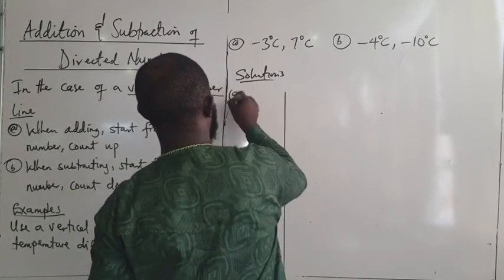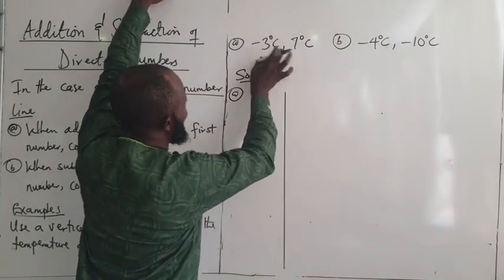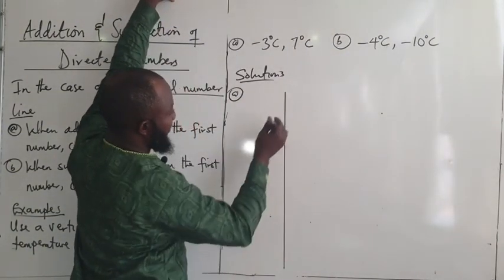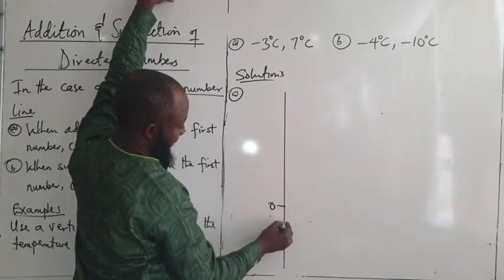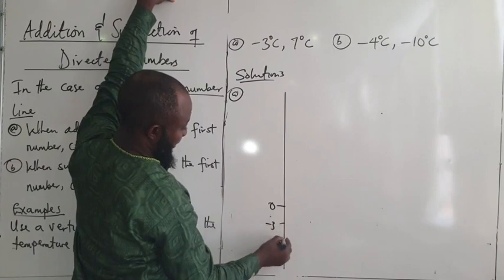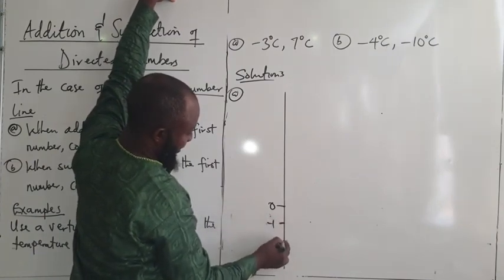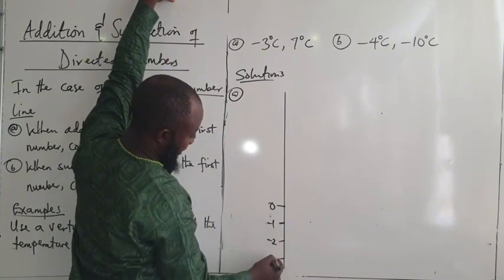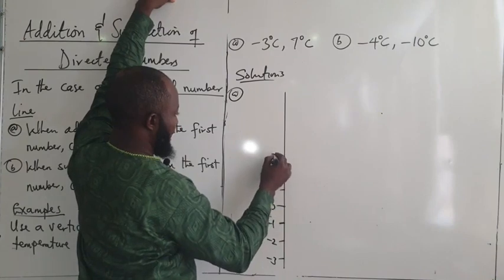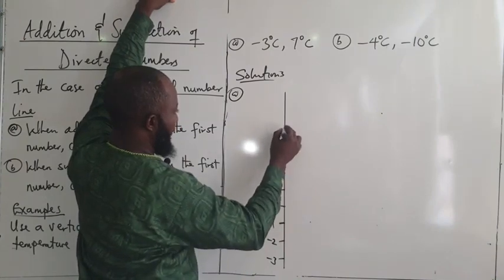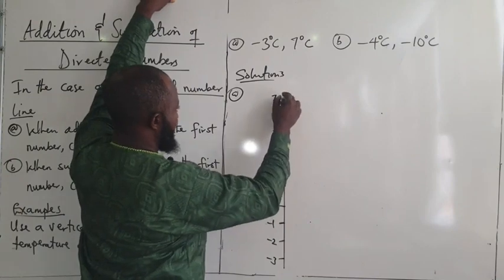That is for A. Now, the two numbers must feature here, right? So we have, let's say, 0 here. We have -3 here, sorry. We have -1, -2, -3. This is 1, 2, 3, 4, 5, 6, 7.